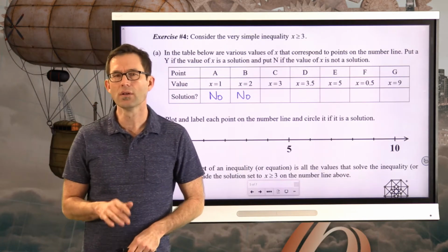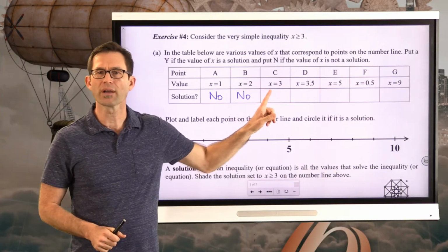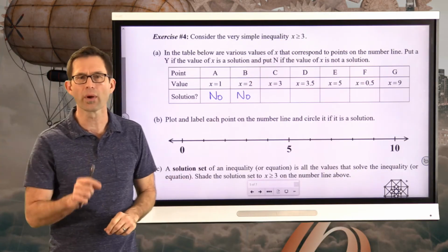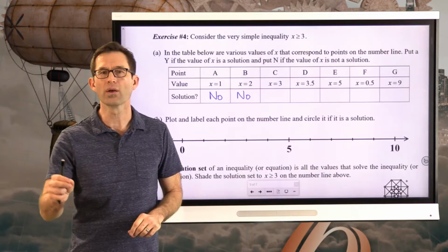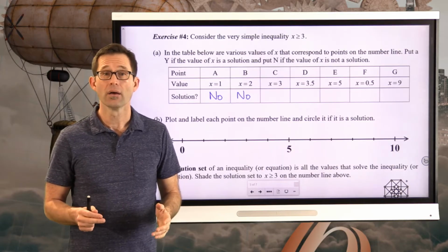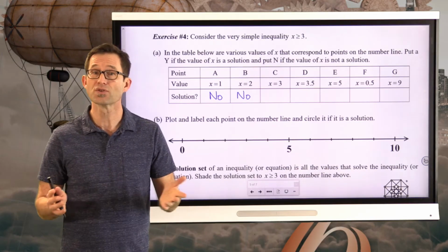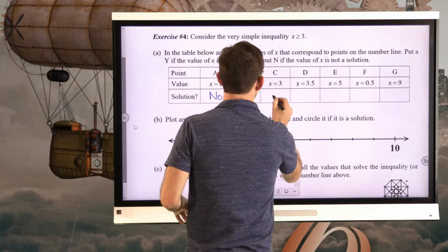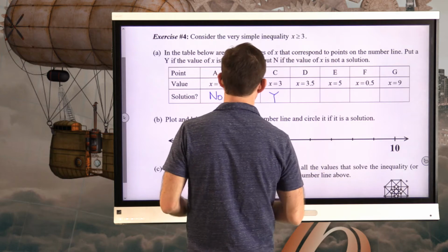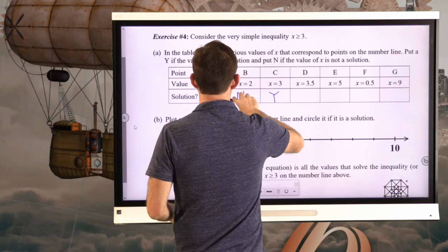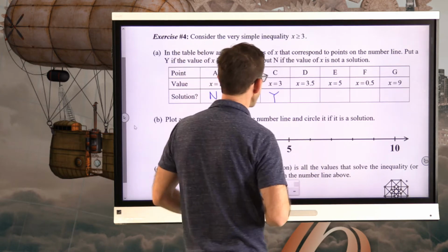Now we get to ones that are a little bit harder. If I put x equals 3 in here, is 3 greater than or equal to 3? Well, yeah. It's not greater than itself, but it's certainly equal to 3. So this is my first one, and I guess I was supposed to be putting y and n according to the directions. Apparently I just don't read my own directions very well.